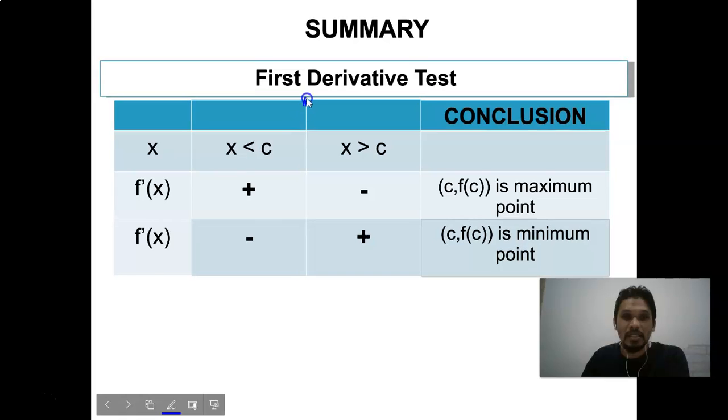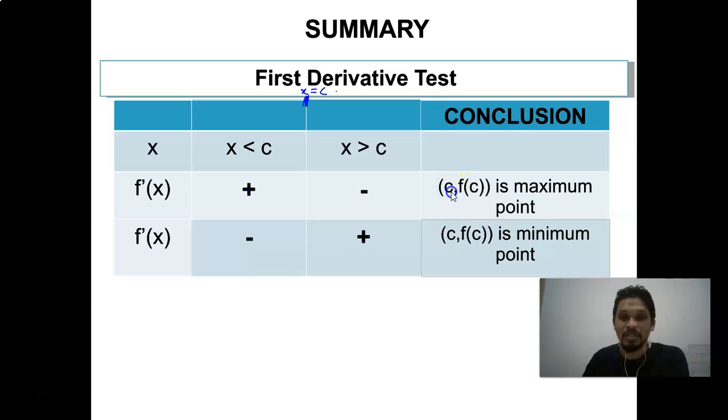Let's say this is the border at x equals c. Before the point x equals c, f prime of x goes from positive to negative, or interchanges from negative to positive.